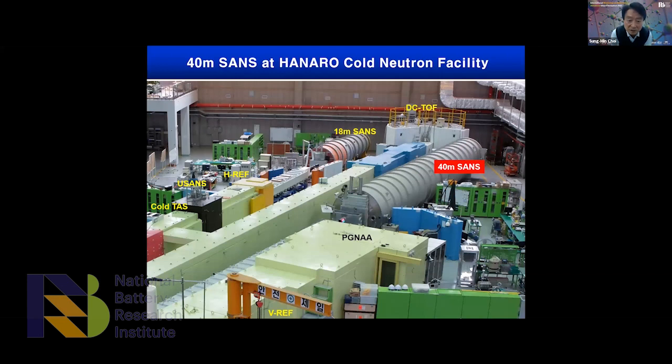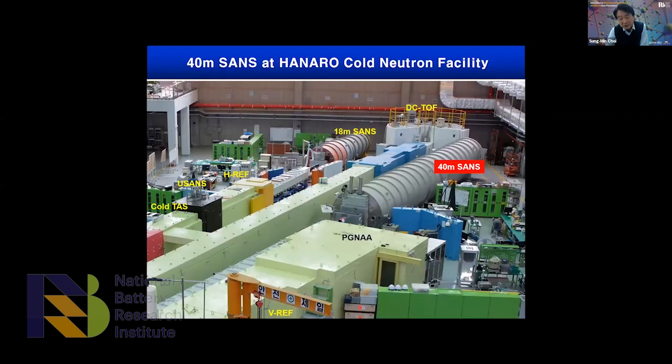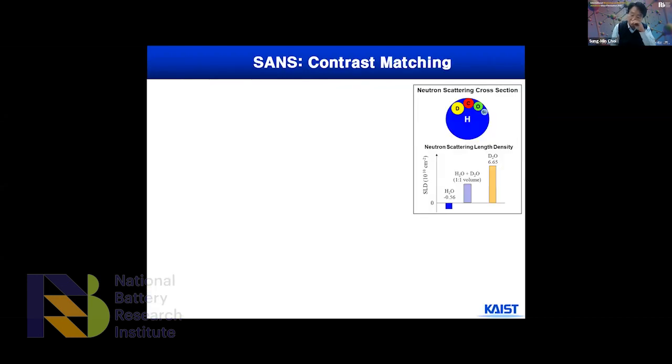To see the origin of this new peak, we did small angle neutron scattering. Basically, the question is where these new peaks come from, so to see that we did a sort of contrast variation experiment.